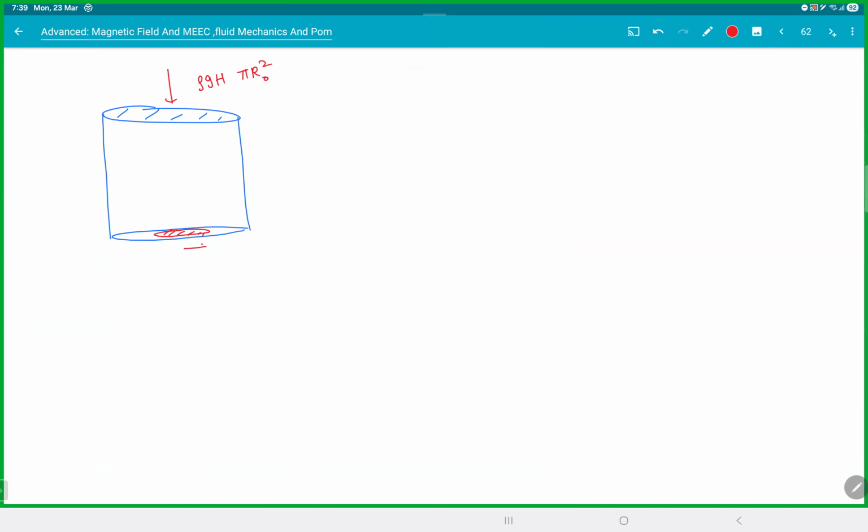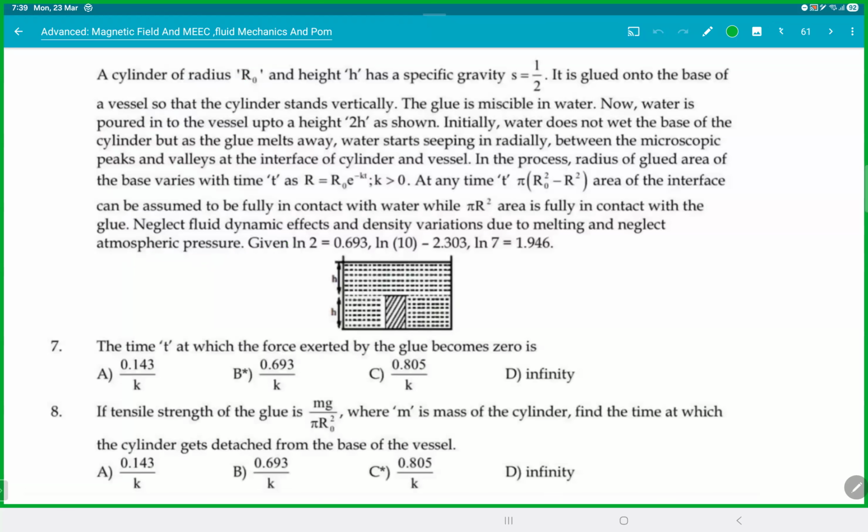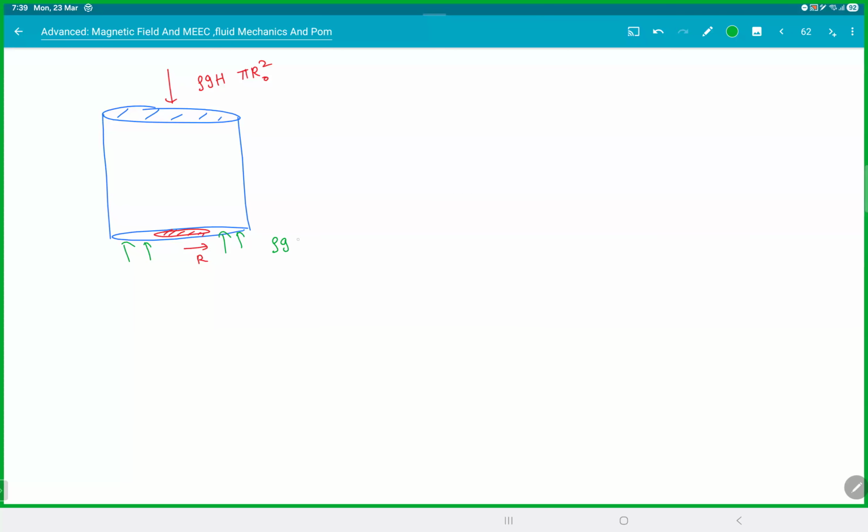So this is some r. In that area there is no force. So whatever force is there is coming from the side regions here. That would be how much? Rho g, the height of the cylinder is again h there, so 2h, into pi R naught square minus pi r square. And we have your mg here.